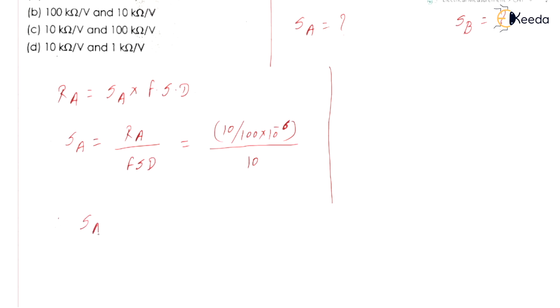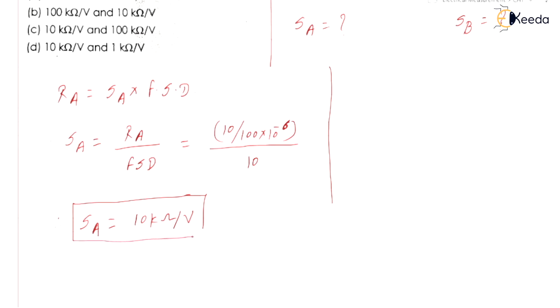Therefore SA is equal to 10 to the power minus 6, so it is 10,000. It is 10 kilo ohm per volt. This is for the first meter.